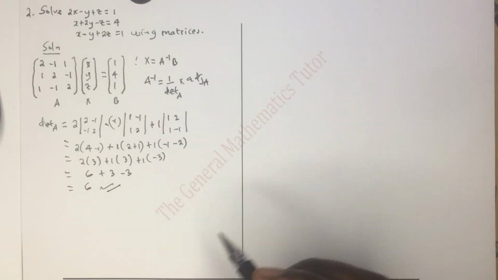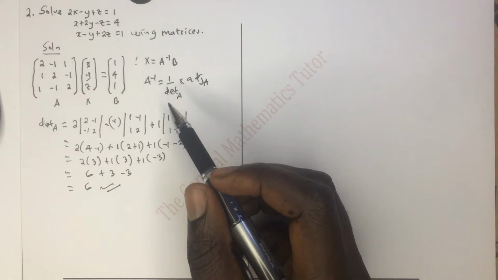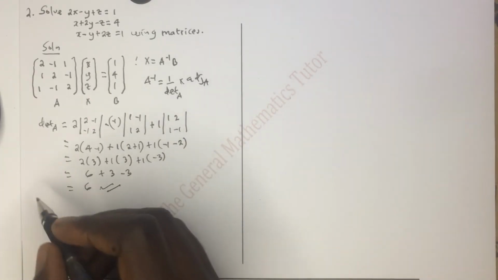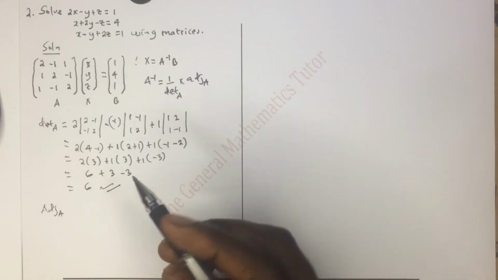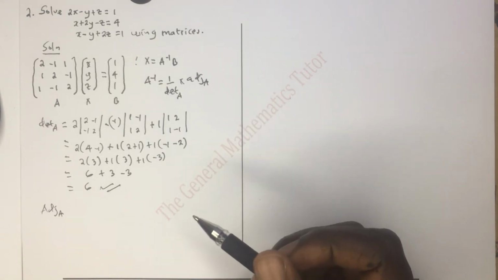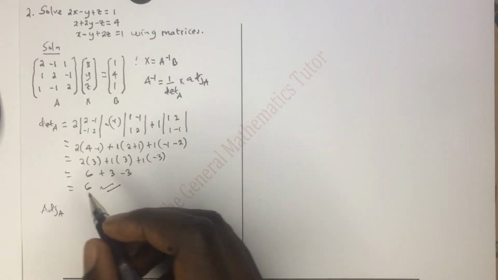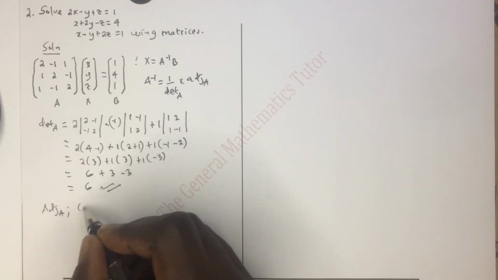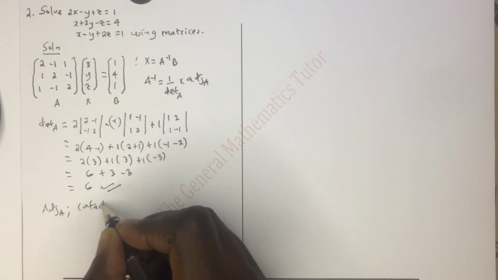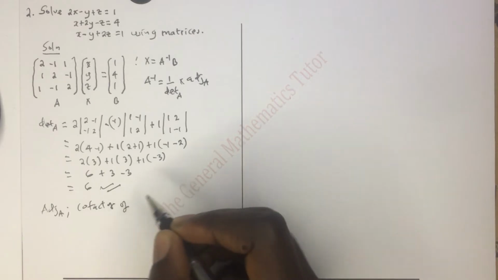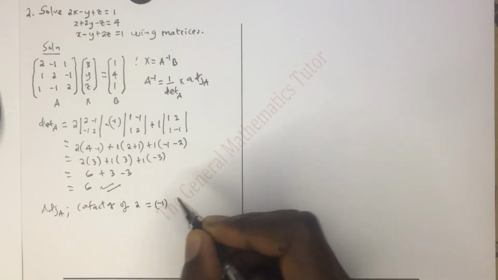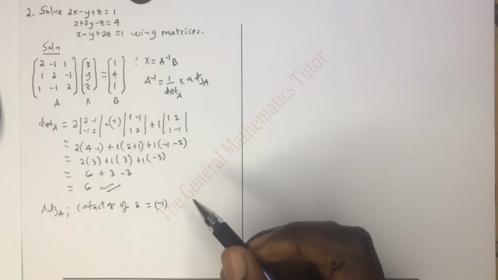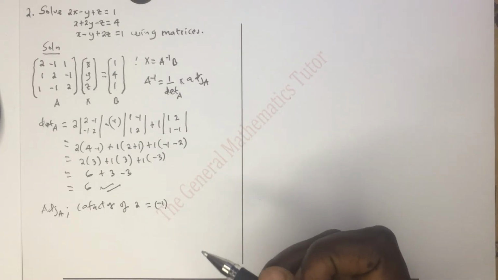The next thing you're going to look for is the adjoint of the coefficient matrix. For us to obtain the adjoint of A, we're going to use the cofactors of each and every element in that matrix. We start with the cofactor of the first element, that is 2. We take negative 1 and raise it to the power given by the sum of the row and the column number.